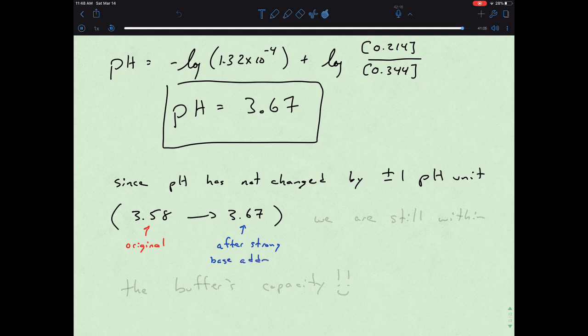Notice that that's not even 0.1 pH units. So since the pH has not changed by plus or minus 1 pH unit, we are still within the buffer's capacity.